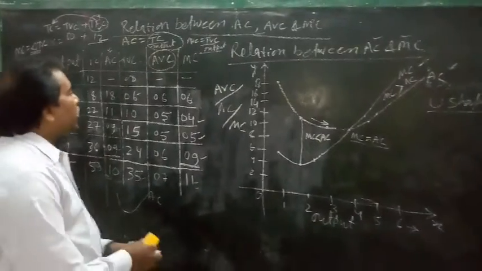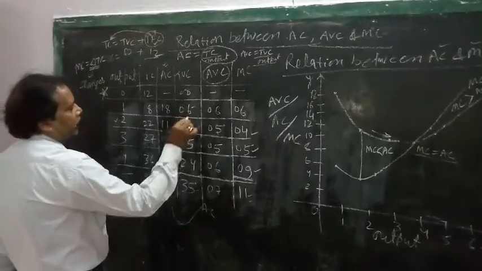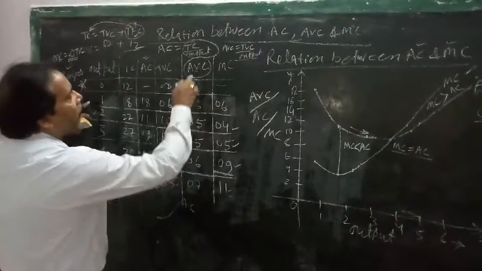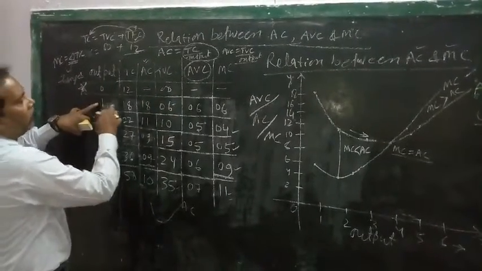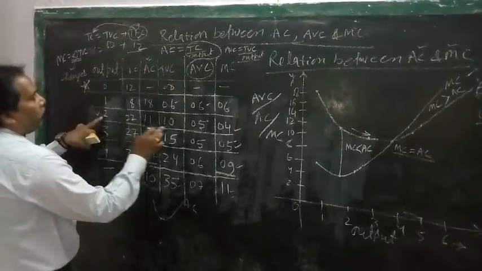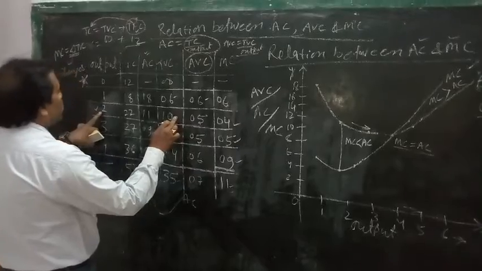Is it clear? So here I have taken the TVC, that is 6, 10, 15, 24, 35. So what will be the value of AVC? 6 divided by 1 because output is 1. So AVC will be 6. Now when we produce the second unit, the total variable cost is 10.